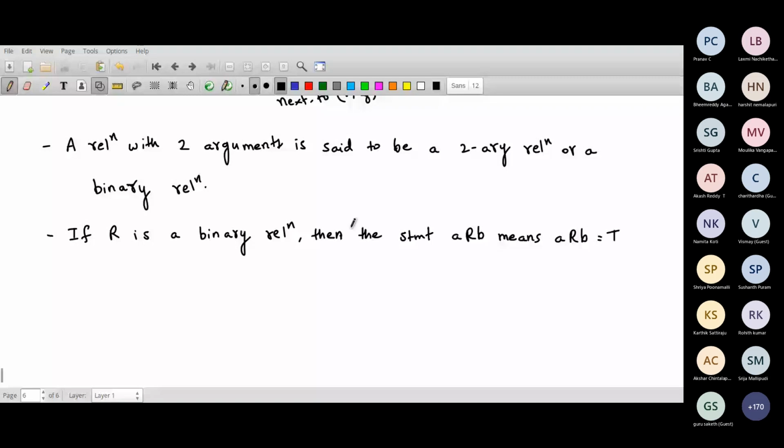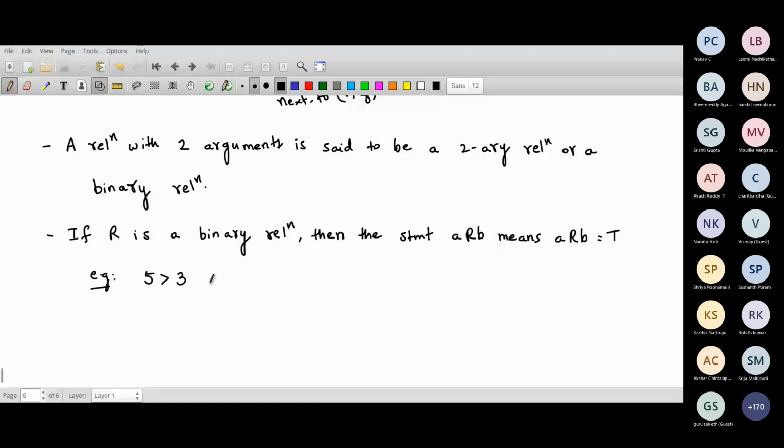Okay. So if A R B equal to true, then we can just write A R B. We need not explicitly write equal to true every time. So for instance, I can say 5 greater than 3. We know this. We write 5 greater than 3 casually. Okay.